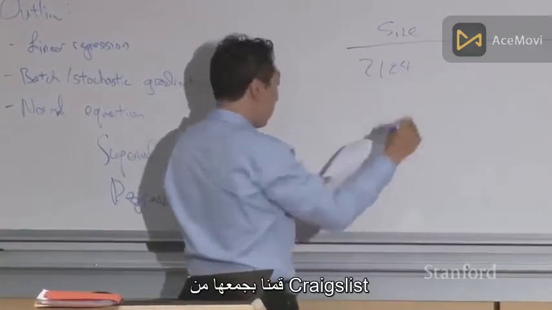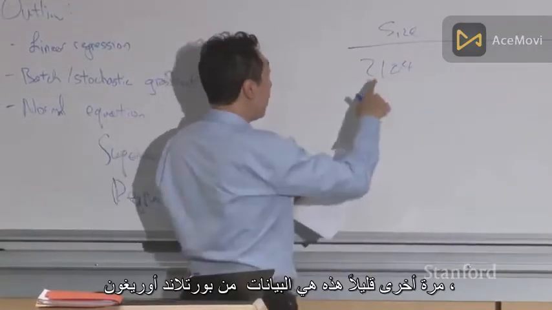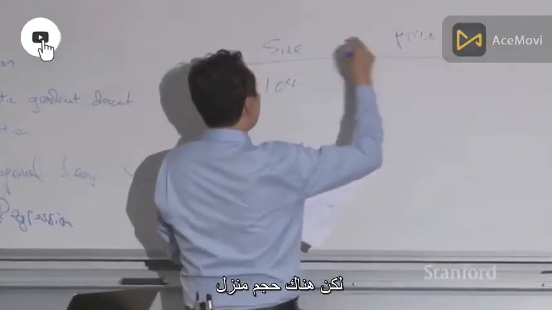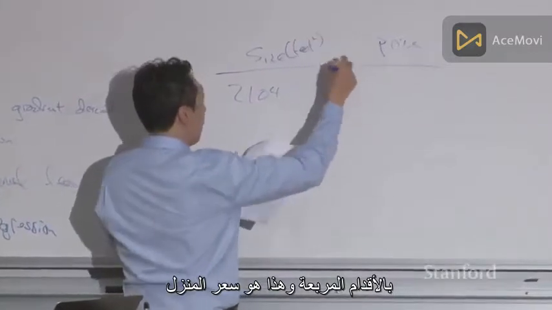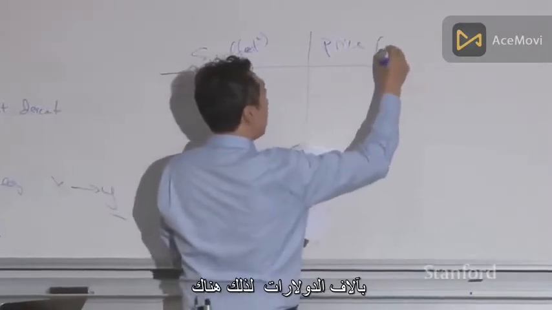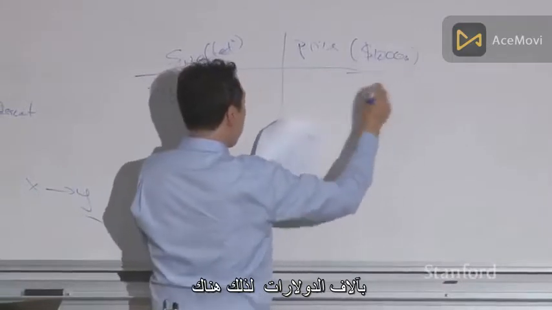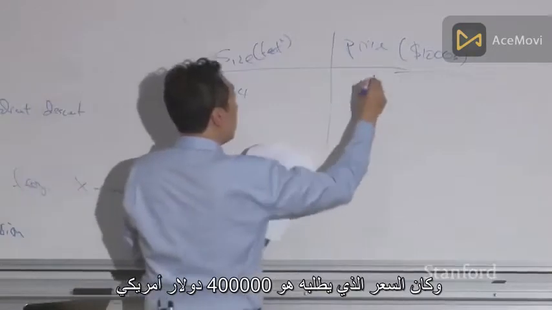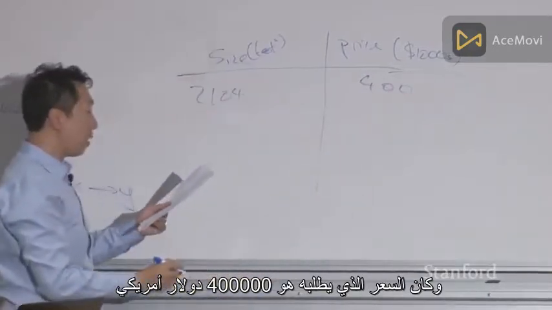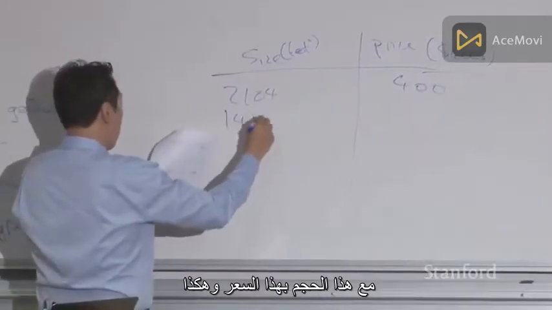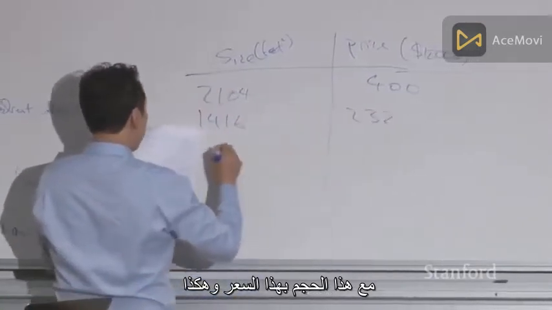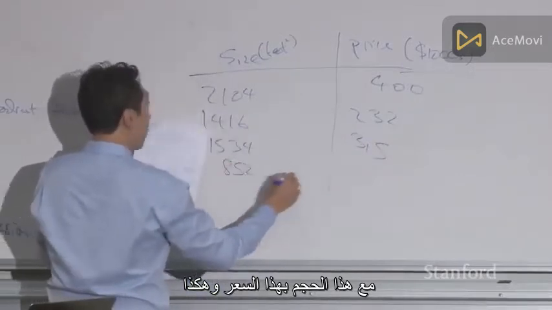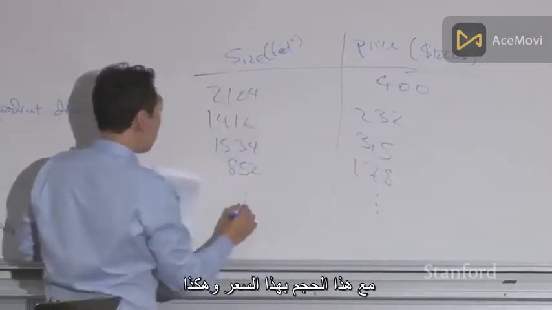This is a data set that we collected off Craigslist a little bit back. This is data from Portland, Oregon. That's the size of a house in square feet, and that's the price of a house in thousands of dollars. So there's a house that is 2,104 square feet, whose asking price was $400,000, and so on.